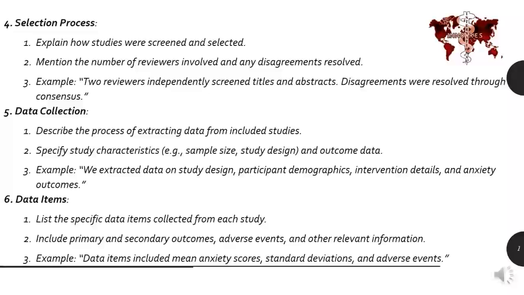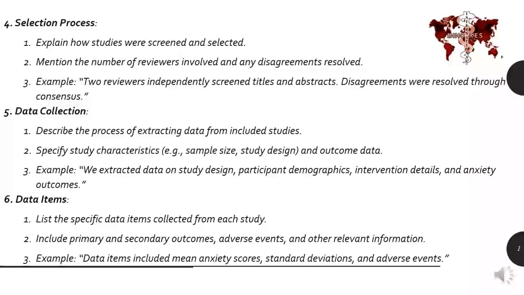You could also have done it such that both reviewers would have had to screen all 30 records, and then disagreements between both reviewers would have been resolved either through consensus or by a third reviewer. However, whatever method you used has to be clearly stated in this section.